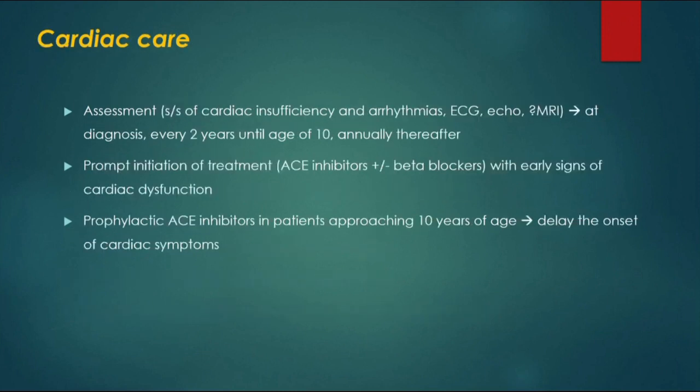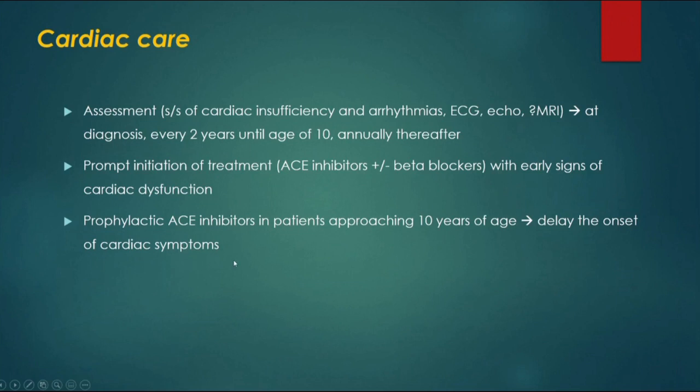Cardiac care is also important. Assessment of the signs and symptoms of cardiac insufficiency and arrhythmias, EKG, echo, and nowadays MRI is also used in many institutes. It should be done at diagnosis and then every 2 years until age 10, and after that annually. Prompt initiation of treatment with an ACE inhibitor or beta blocker should be done with early signs of cardiac dysfunction.